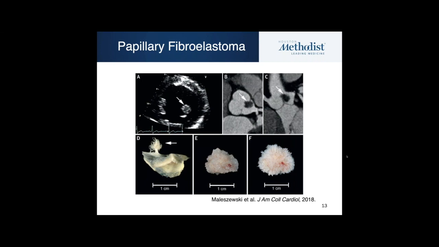Controversy exists on how to manage them when the mass is found incidentally. But in cases of embolization, at least in our institution, surgery is often offered to prevent other devastating clinical consequences like strokes, and depending on the mobility or size of the mass.